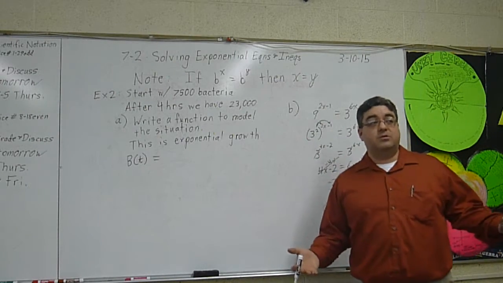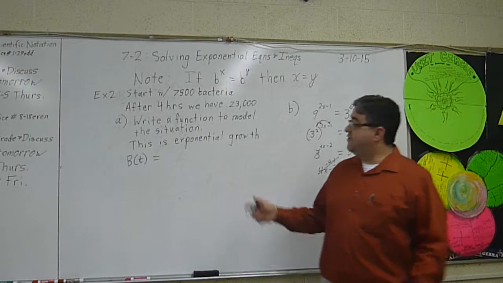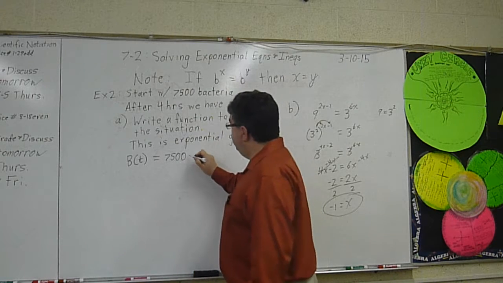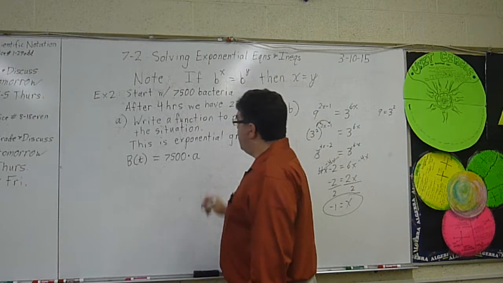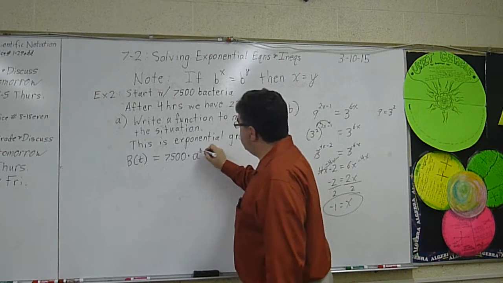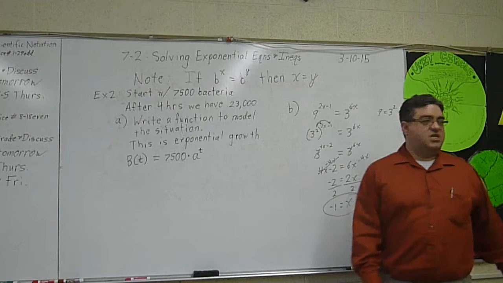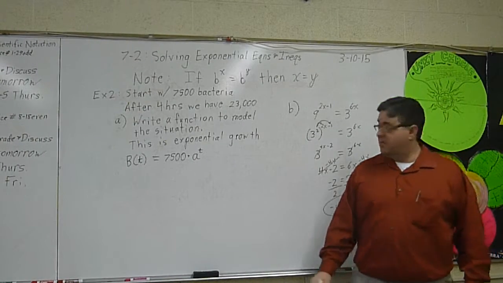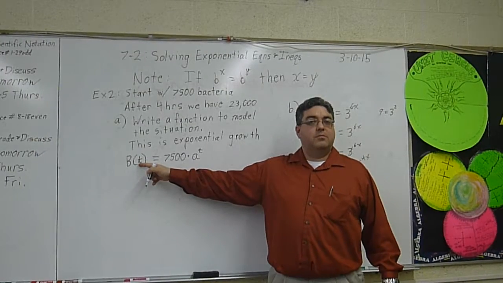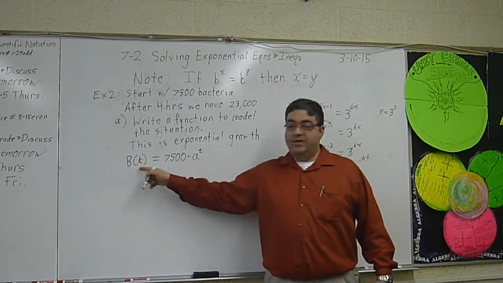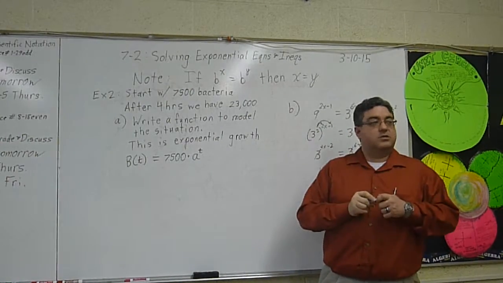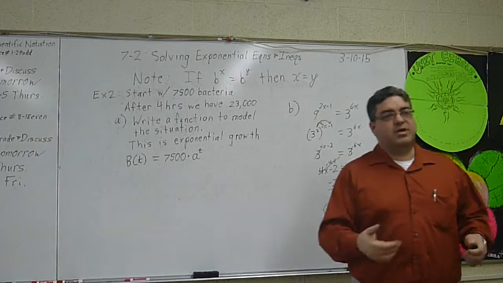What is the initial amount? 7,500 bacteria, times some unknown number A raised to the T power. The fact that the variable defining the function is in the exponent is another indicator that we have an exponential function.